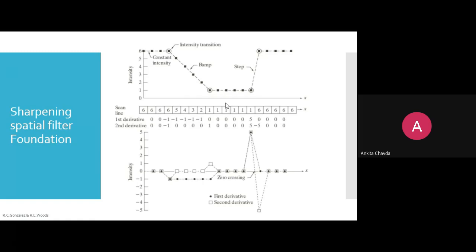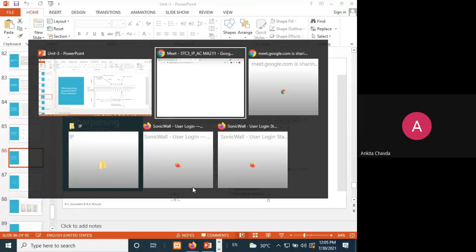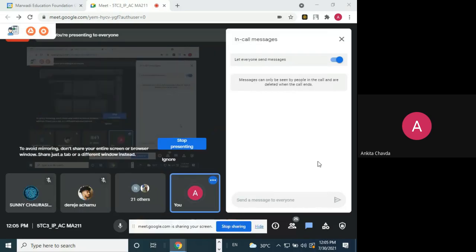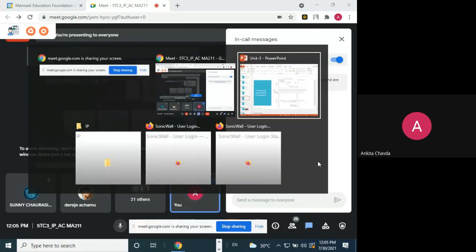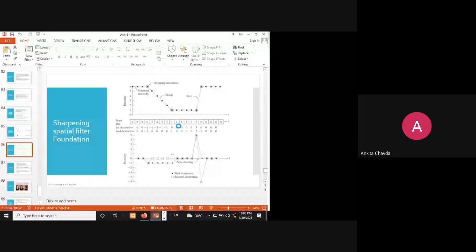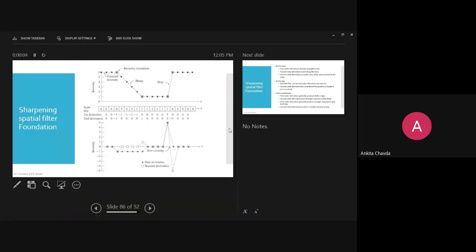You can check these values here. This arrow is not coming. I'm trying since long, but just wait a minute. I'll find the solution for this. Okay. The arrow is not coming.